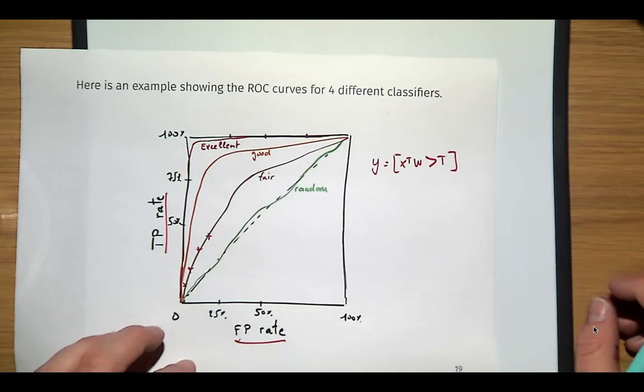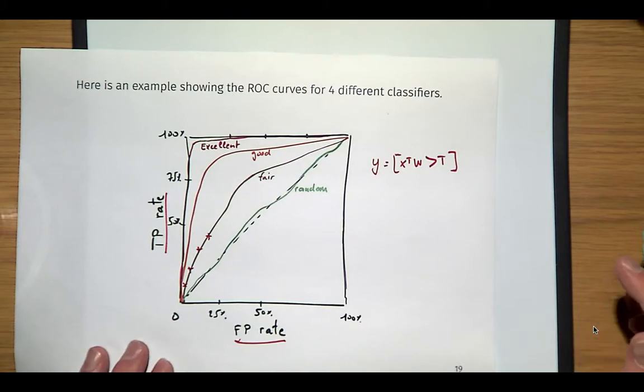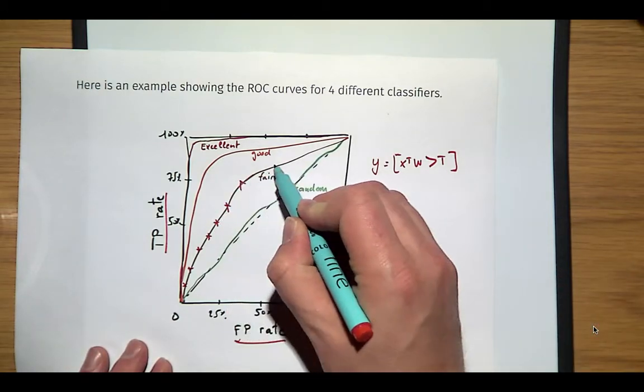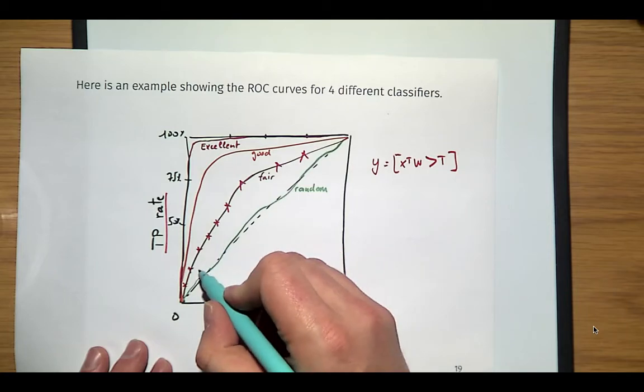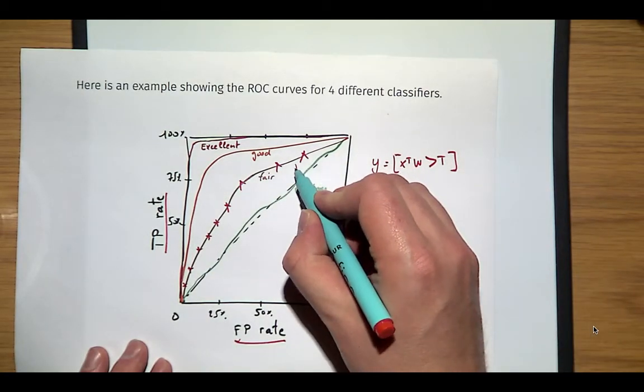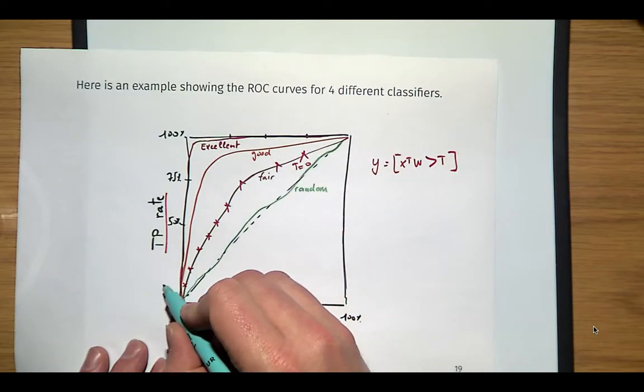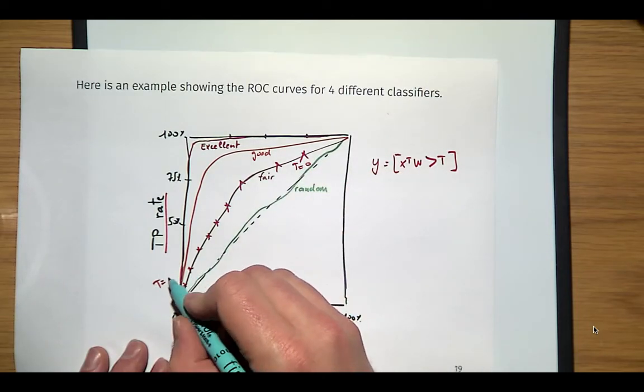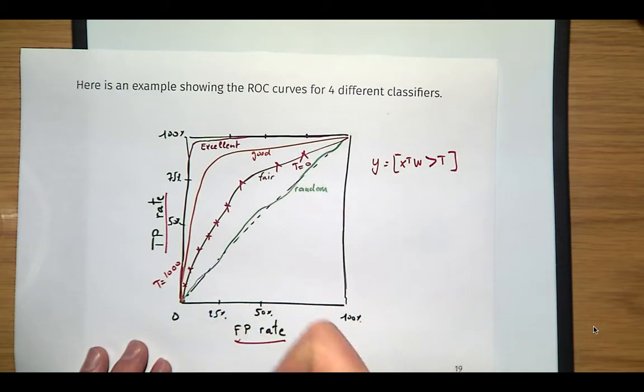So you record two metrics, okay? And you record a number of points, and all these points will be for different values of t. So maybe here, t will be very low, and then t here will be very high, okay? So you go for different values of t, you measure these two metrics, the false positive rate and true positive rate.